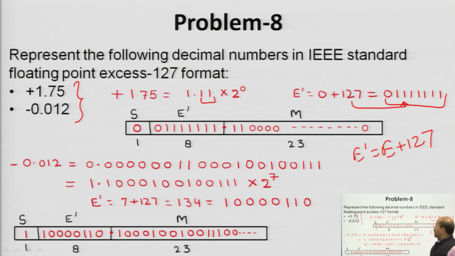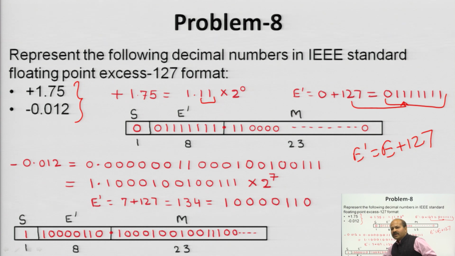In the same way, we can perform this operation for the second number, represented as a binary number. Because it is a negative number, we set the sign bit as 1, and the E dash we have calculated is 1000 0110.